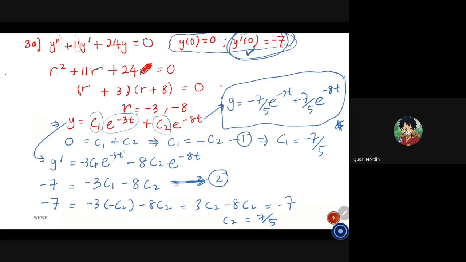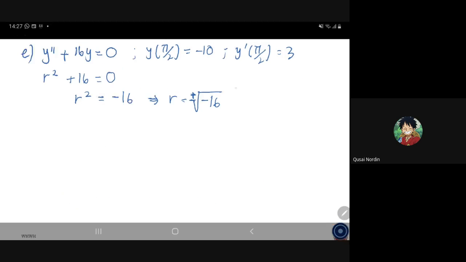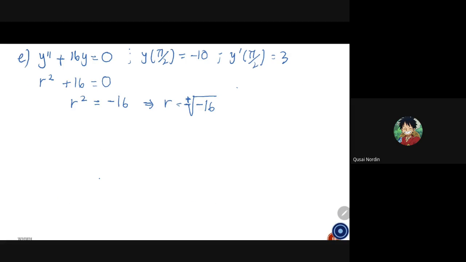So when it is square root of negative 16, this is called an imaginary number. So we have here plus minus square root of negative 1 times square root of 16.